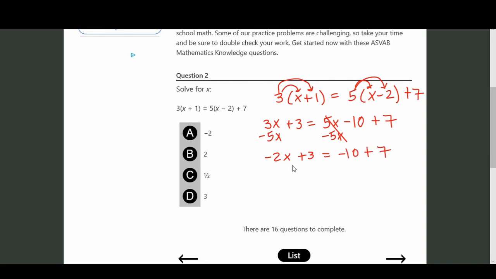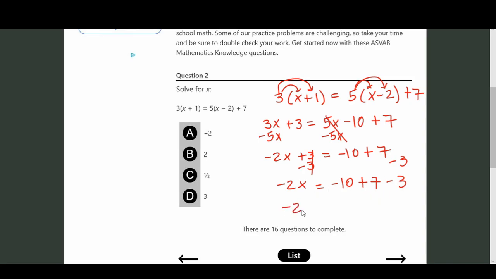And as you can see, I don't quite have all the x's and whole numbers on different sides of the equal sign. So to do that, I'm going to have to subtract 3 from both sides. 3 minus 3 is 0. So this leaves me with negative 2x equals negative 10 plus 7 minus 3. Let's go ahead and combine these like terms.